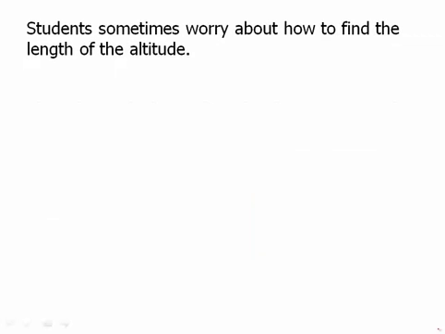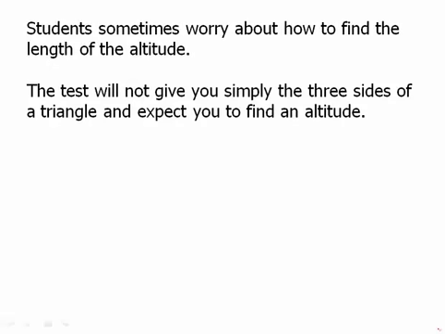Sometimes students worry about how to find the length of an altitude. The test will not give you simply the 3 sides of a triangle and expect you to find the altitude. Now technically, there would be ways to do this involving trigonometry and other more advanced forms of math. This is not something you're expected to do on the test.